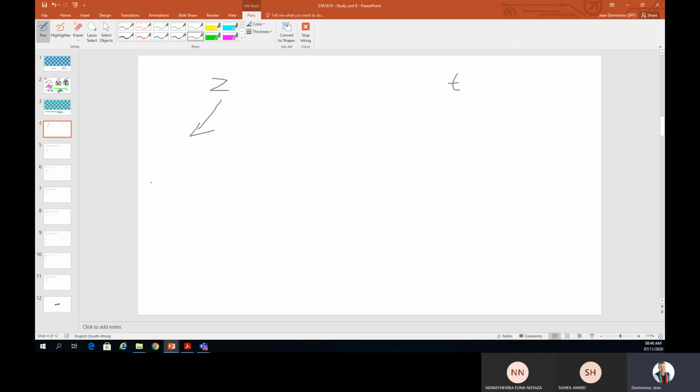The Z is where the standard deviation is known, or when we work with proportions. I hope I'm spelling it correctly.